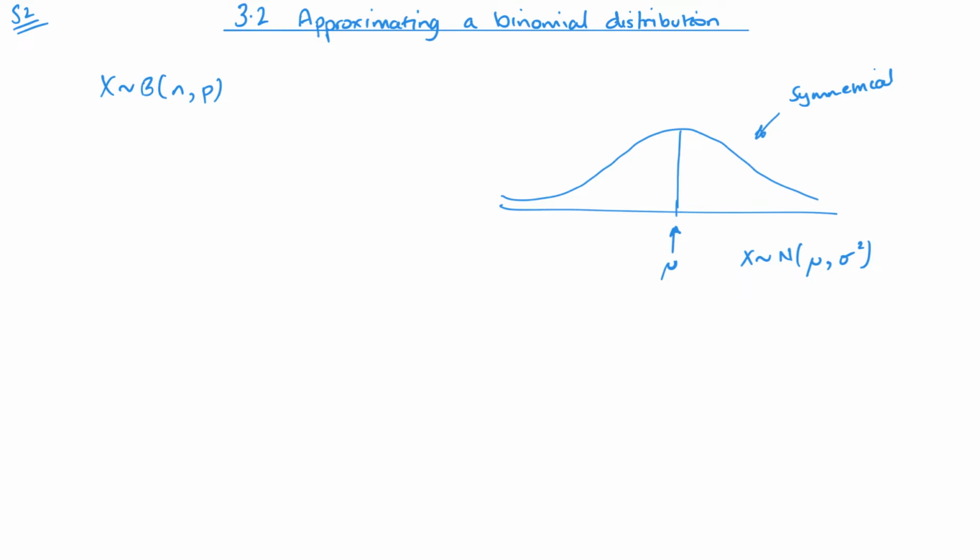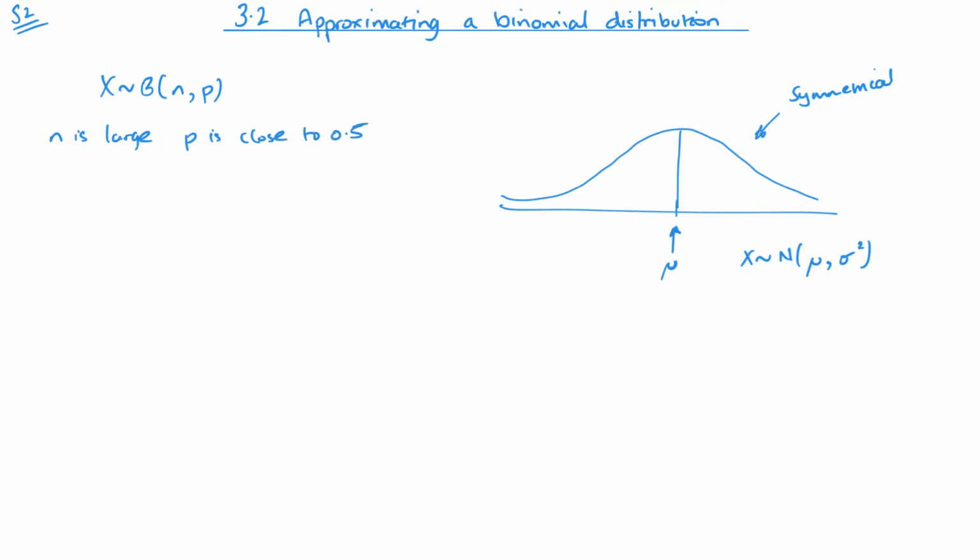If p is close to a half, that would give us a symmetrical graph, and then what we would need is a large value of n. The larger the better, just to make it as close to a normal distribution as possible. So I'll make a note of those: n is large and p is close to 0.5.